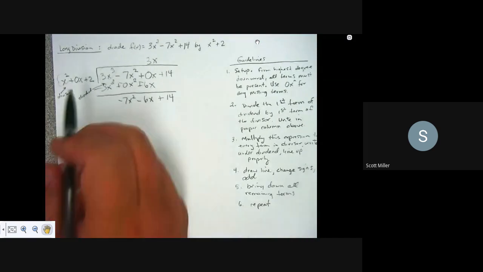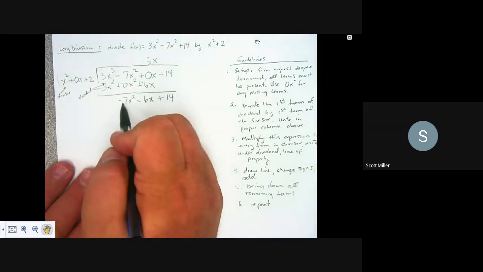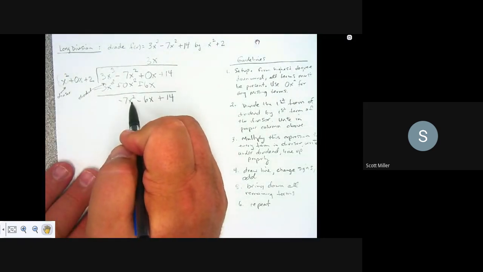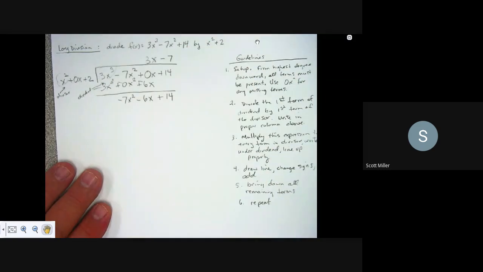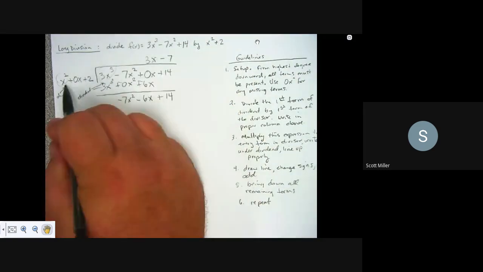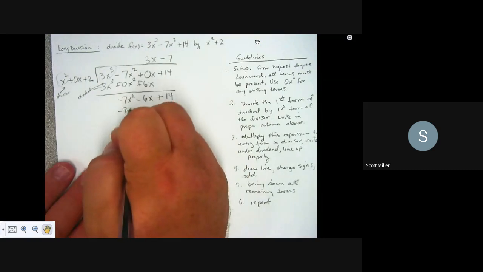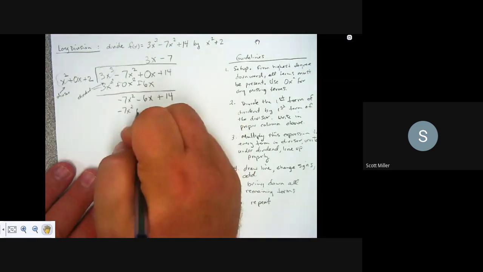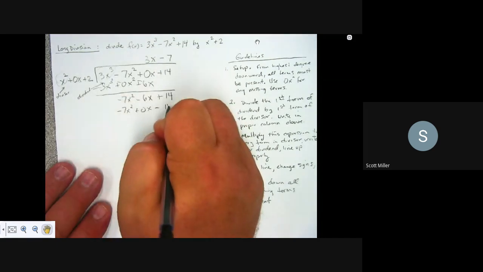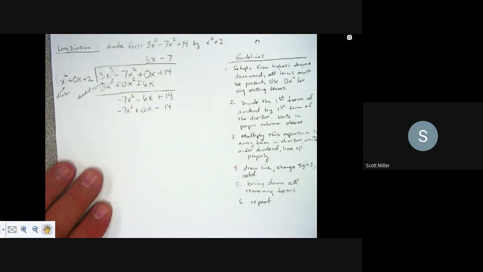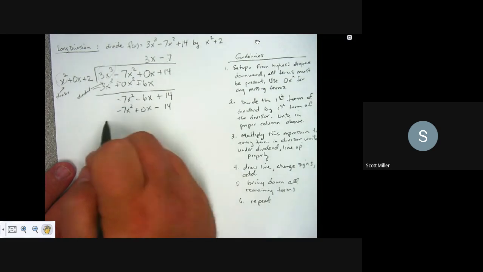So what times x squared gives me a negative 7x squared? Negative 7. Multiply that to every term out here. Negative 7x squared plus 0x minus 14. Draw the line.